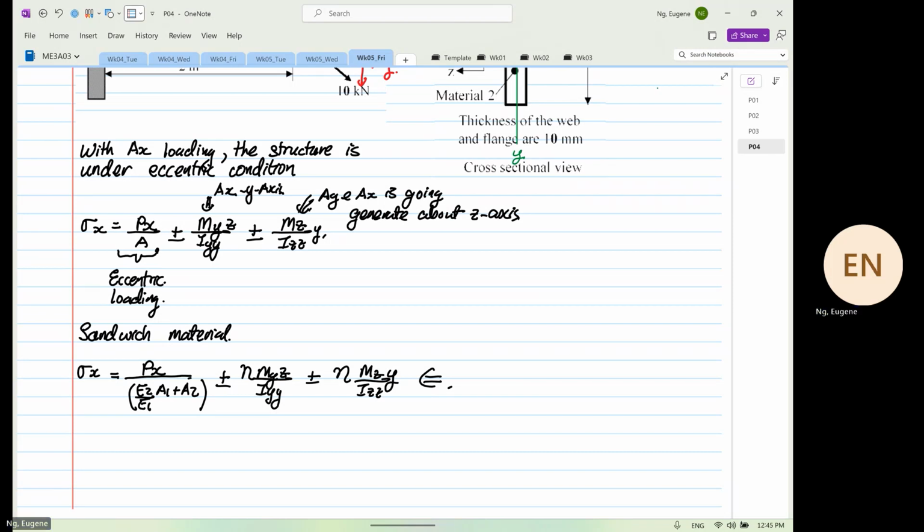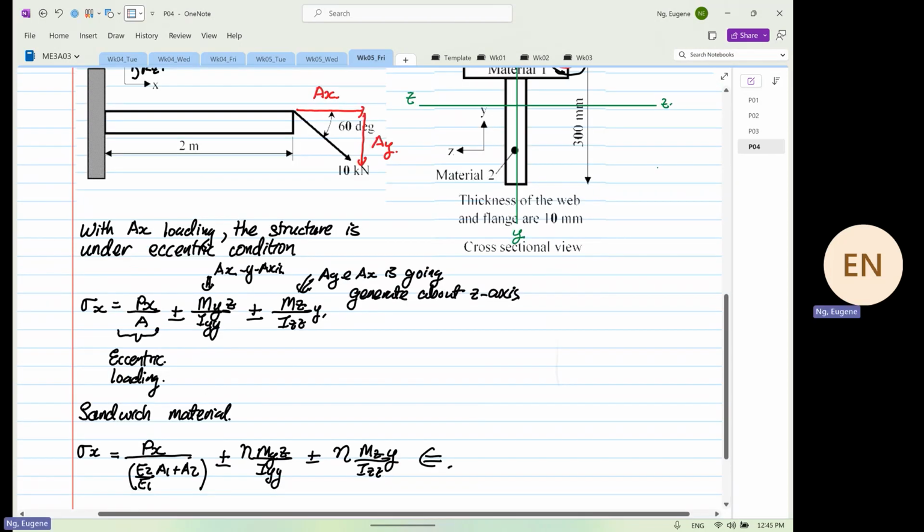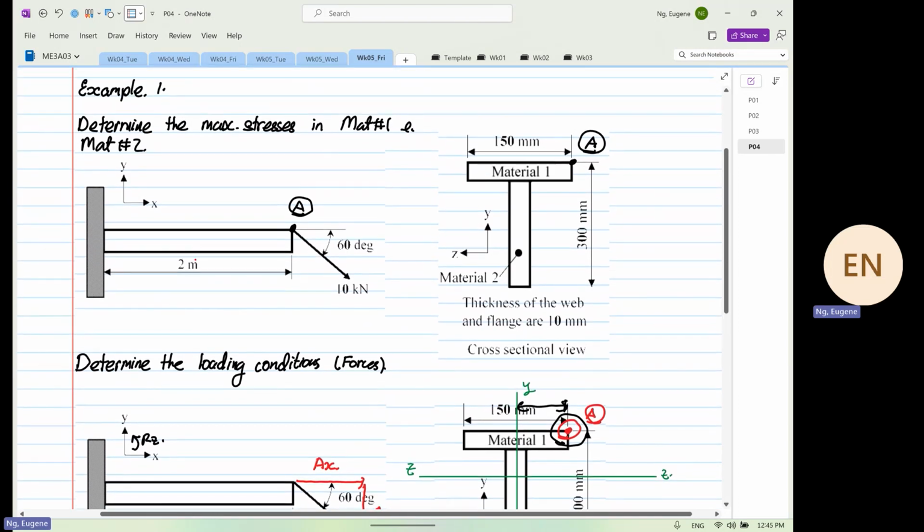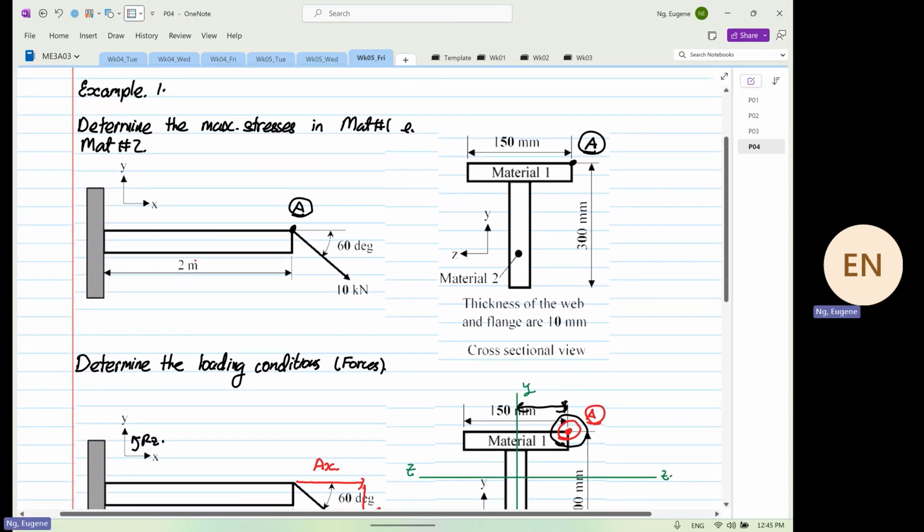Anyone? Are we good? Okay, so we are here to determine the maximum stress in material 1 and the maximum stress in material 2.